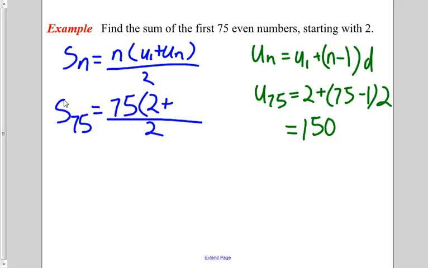So I can fill in un equaling 150, then 75 times 152 divided by 2 just equals 5,700. And that is my final answer for the sum of the first 75 even numbers starting with 2.